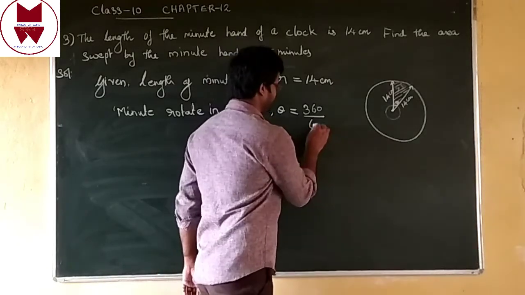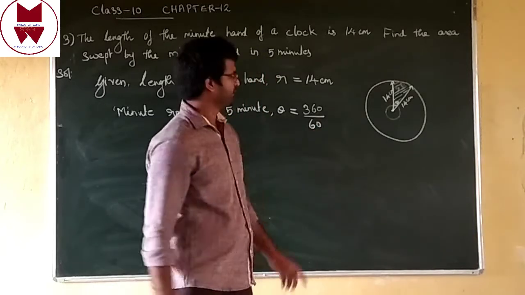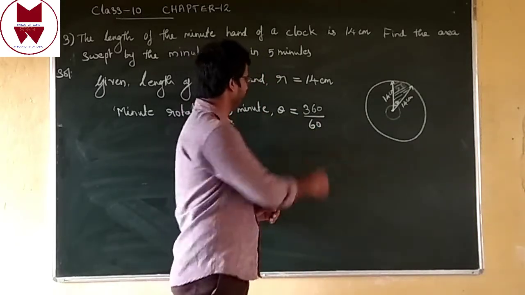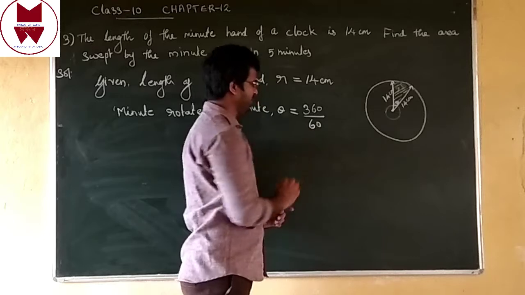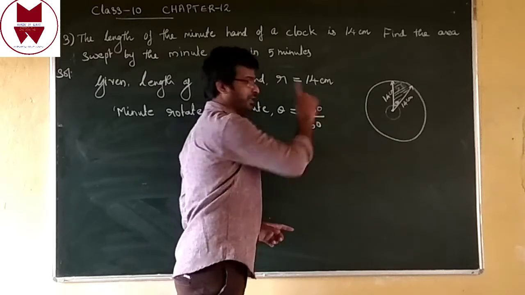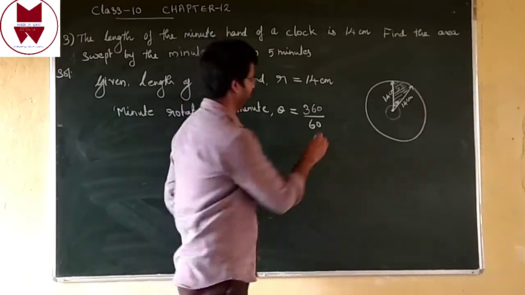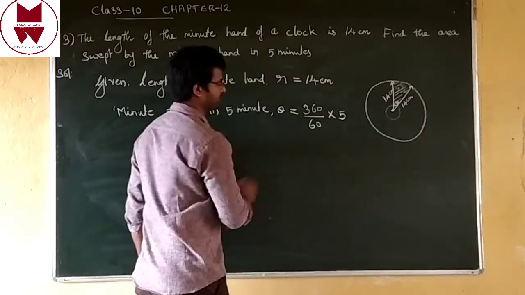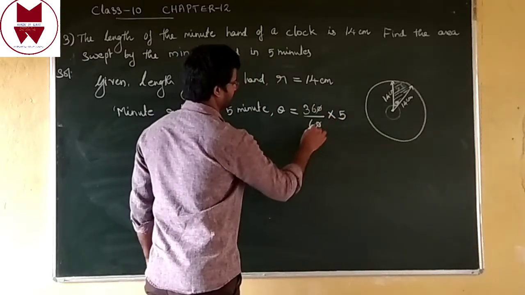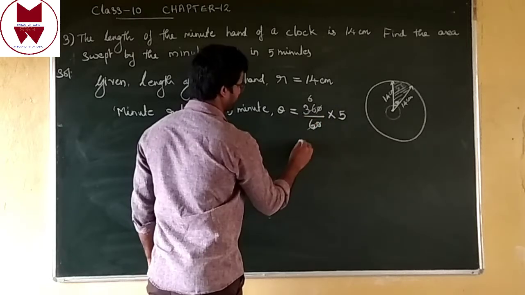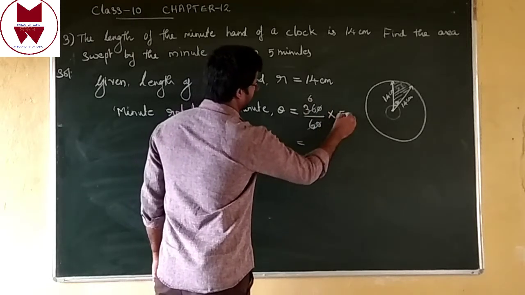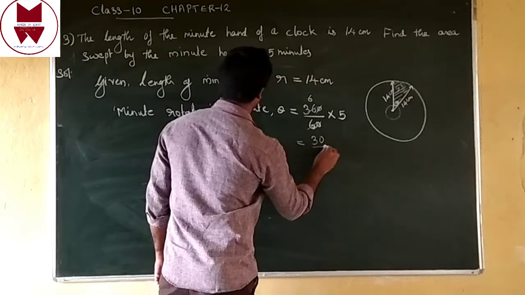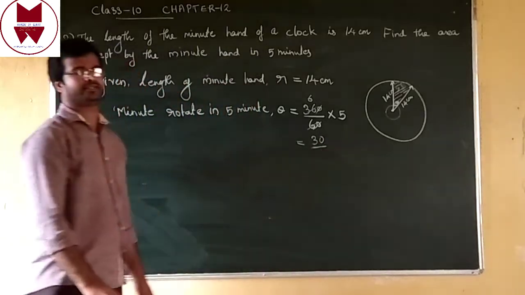Total 60 minutes. 60 minutes means 1 hour, isn't it? Then 360 divided by 60. If you do 360 divided by 60, you will get the angle of 1 minute. Then we need 5 minutes, that's why multiply by 5. Cut 0 and 0, 36 and 6 times, 6 into 5, 30. Theta equal to 30.